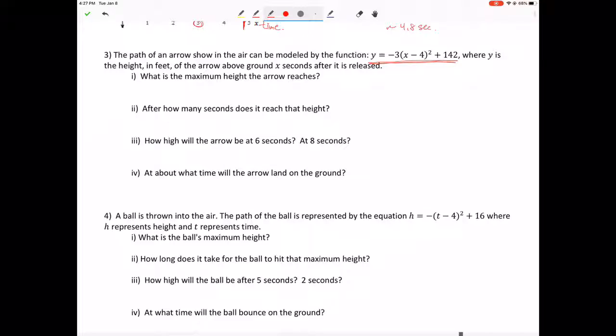So the path of an arrow can be modeled by this equation. Okay, where y is the height in feet and the arrow above ground is x seconds after it's released. Okay, so you could say x is the time and y is its height.